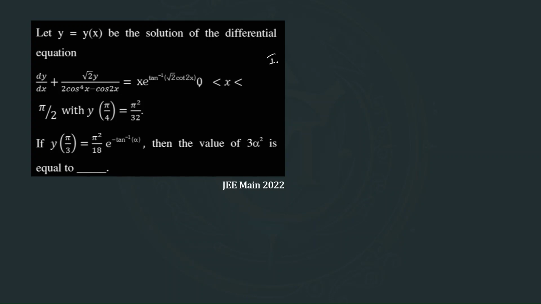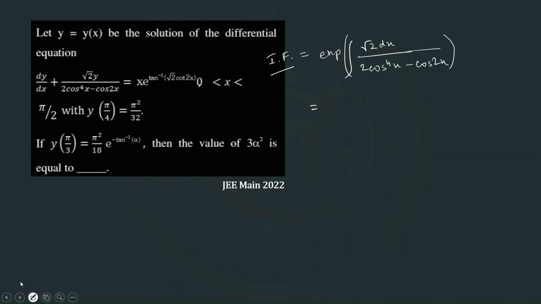The integrating factor will be simply the exponential of the integral of this function: root 2 dx divided by 2 cos to the power 4x minus cos of 2x. Now how to evaluate this integral? Let us first apply the formula of cos 2x to simplify this expression.